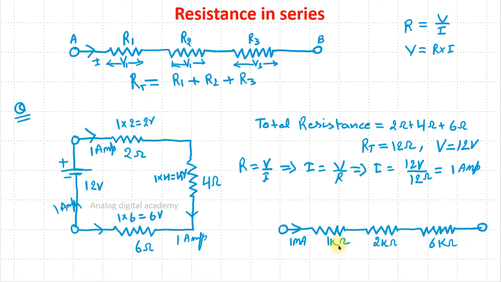As per Ohm's law, the voltage equals R into I. So 1K into 1 milliampere, with milli equal to 10 to the power minus 3 ampere, and kilo cancelling it, so here will be 1 volt. Same thing here will be 2 volt. Same thing here will be 6 volt. So the voltage across the resistances will be 1 volt, 2 volt and 6 volt. So this was another example of series resistance.